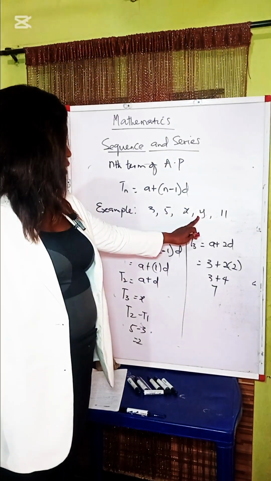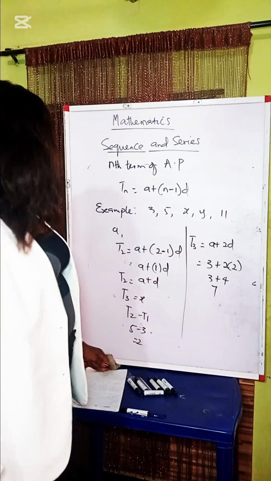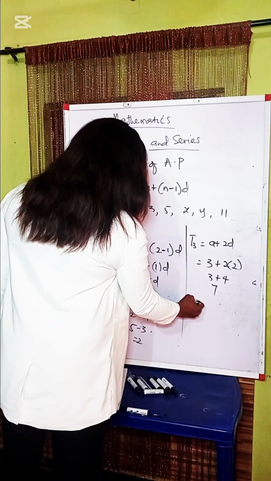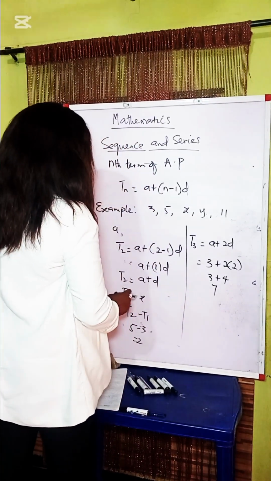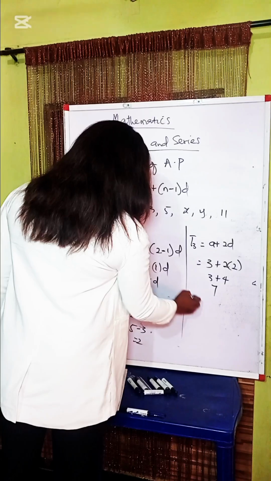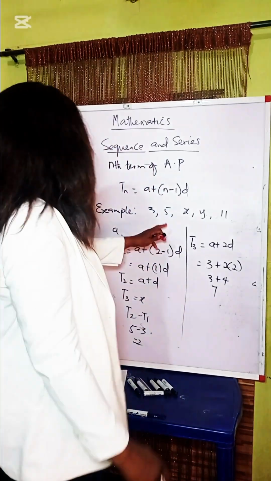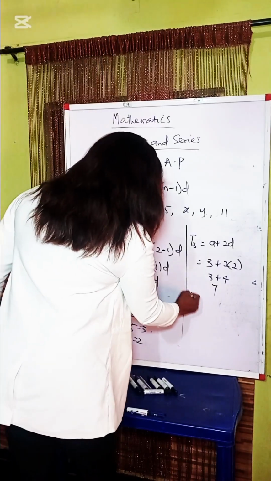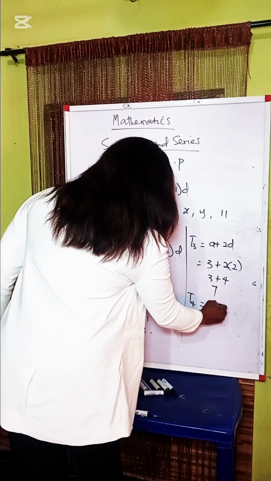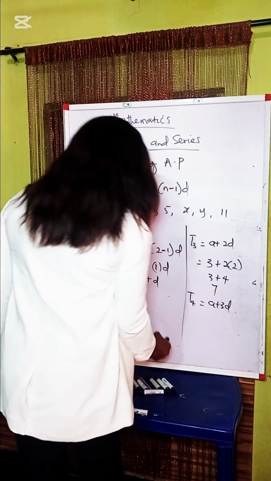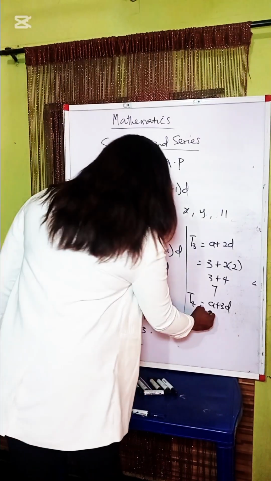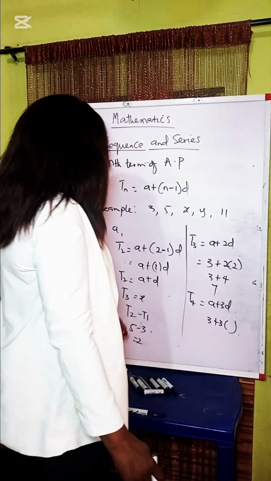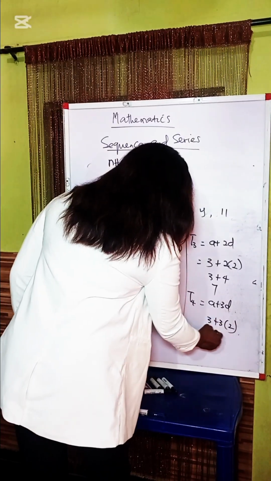So to find Y, you will use the same approach. I have the first term. Y falls within the fourth term, 1, 2, 3, 4. So I have A plus 3D. Since A is 3, I have 3 plus 3 bracket, and our common difference is 2, bracket 2.